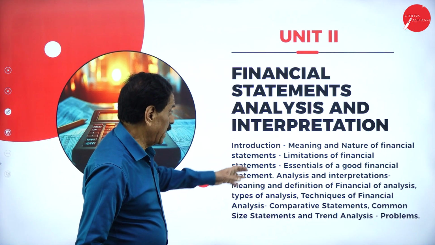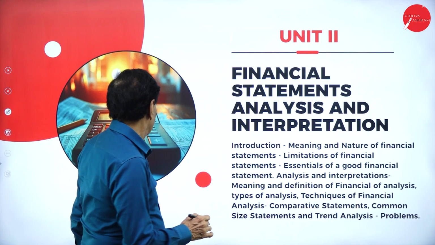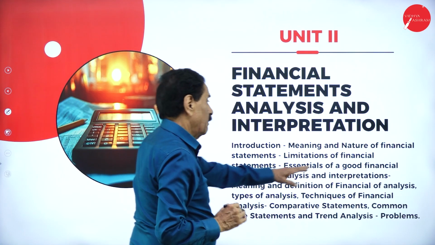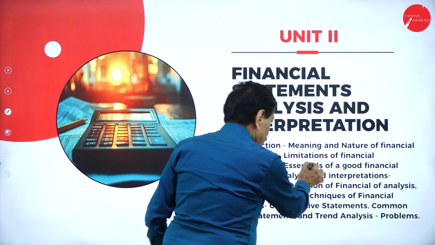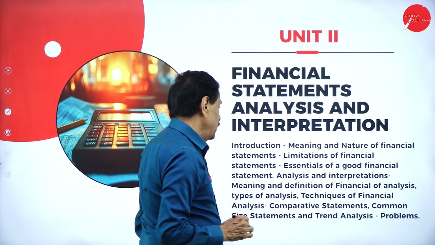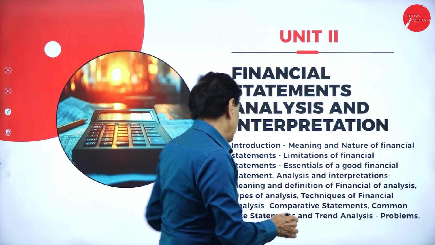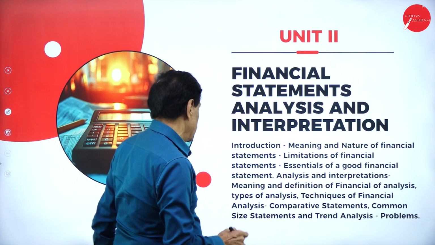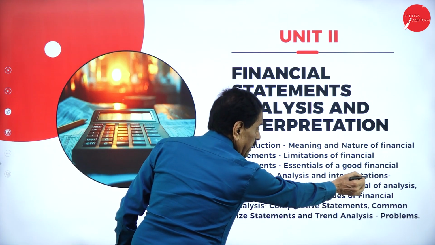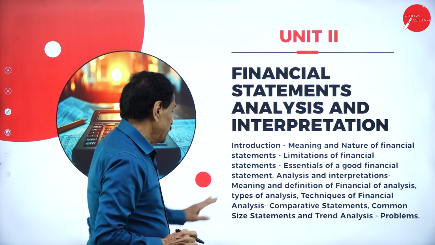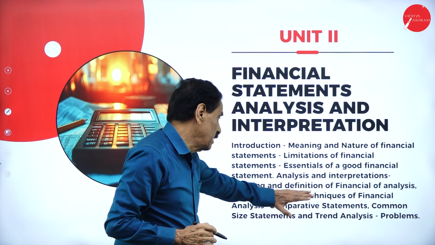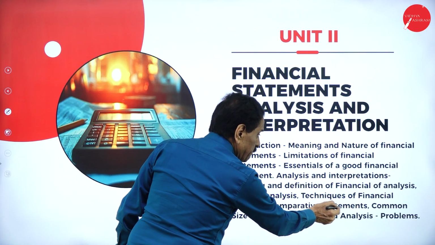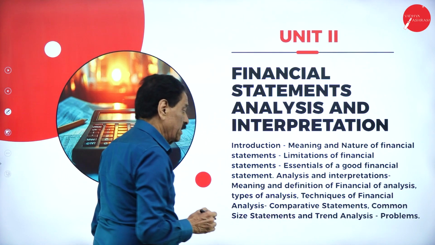Financial statement analysis and interpretation: introduction, meaning and nature of financial statement, limitations of financial statement, essentials of a good financial statement, analysis and interpretation, meaning and definition of financial analysis, types of analysis, techniques of financial analysis, comparative statement, common size statement, and trend.